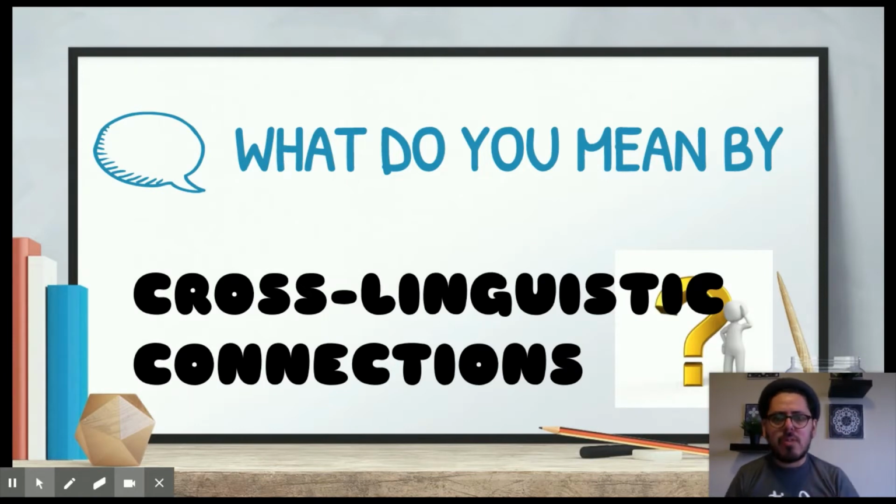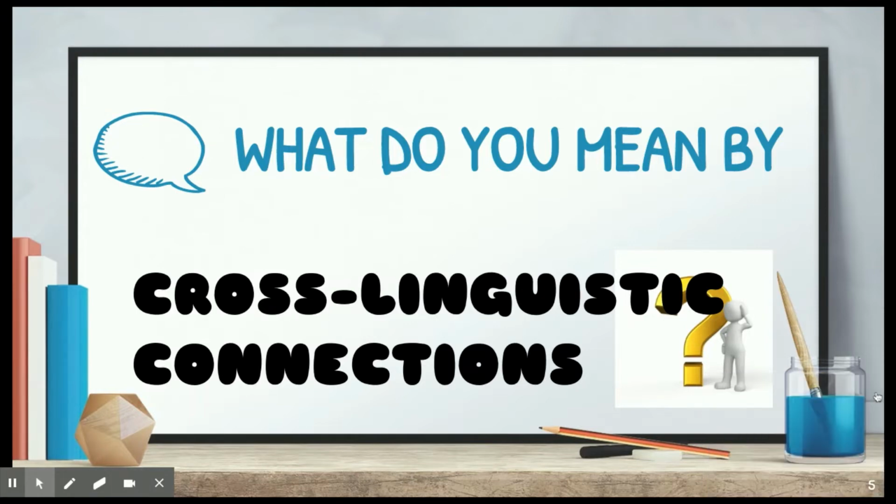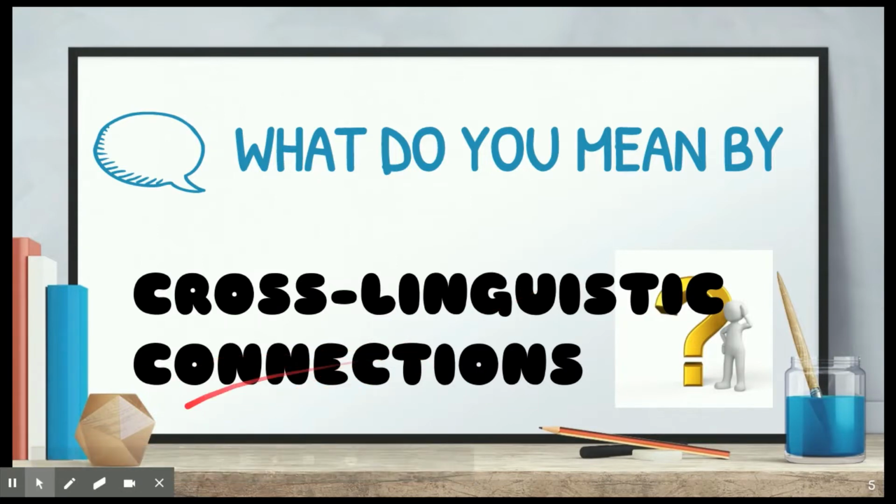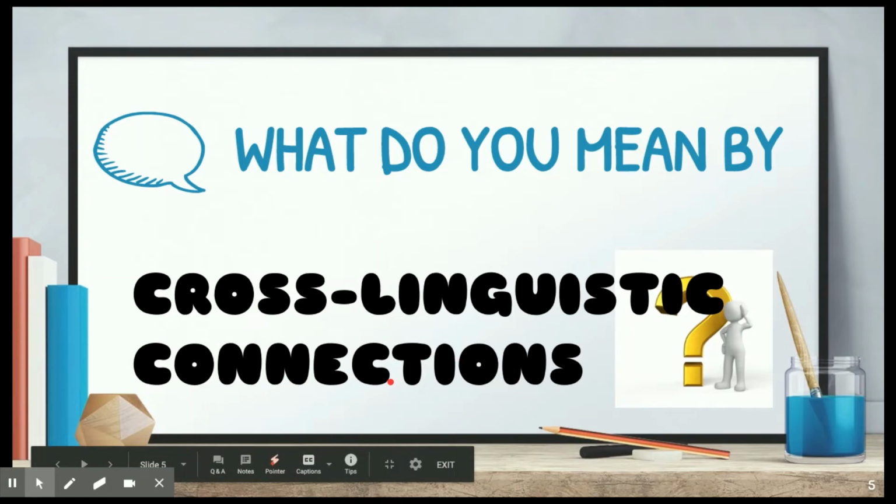Okay, so first of all, what do I mean by cross-linguistic connections? It's a fancy word, but it's pretty simple if you think about it. Let me show you. First of all, connections. The word connection means something that has to do with something else that is connected. Then cross, if you put a letter A here, means across.